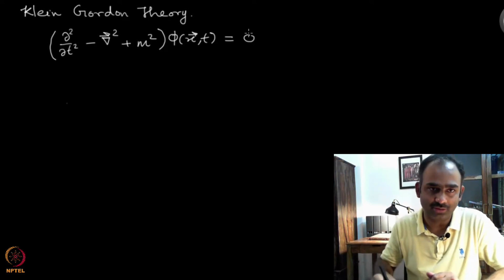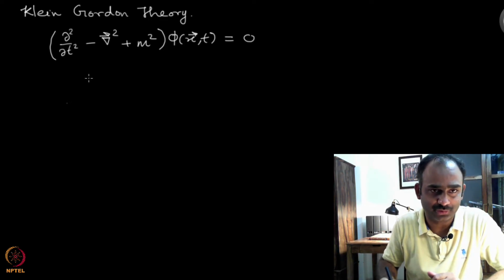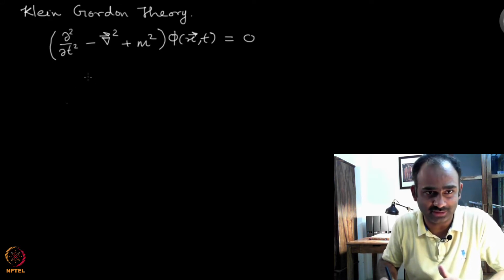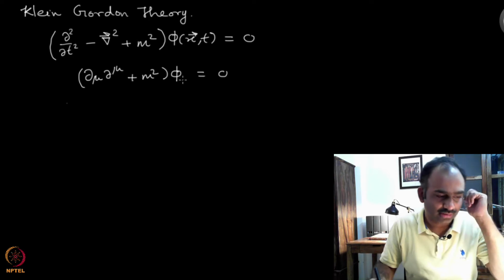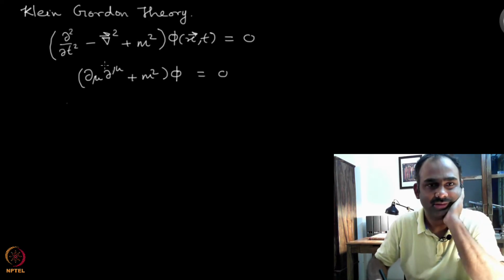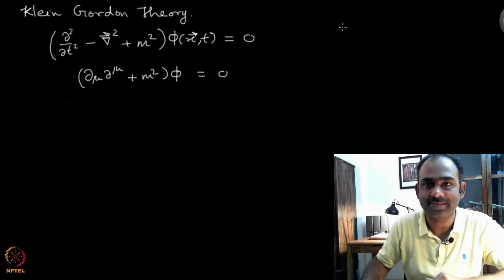which we can also write as the following. To make the Lorentz invariance explicit, I mean it is explicit here, but notationally clearer, I can write this as the following, plus m squared phi is equal to 0, where del mu is the following.